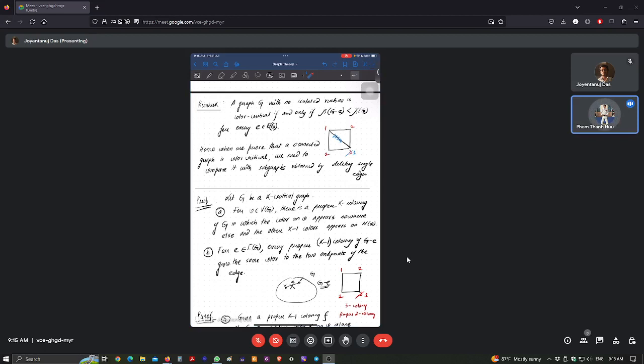For example, here we delete this edge, and the number of colors should be three, right?